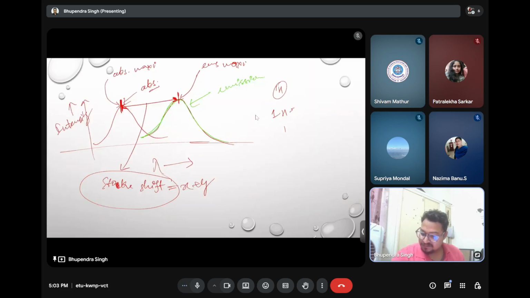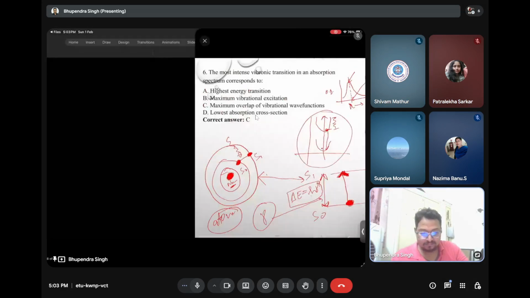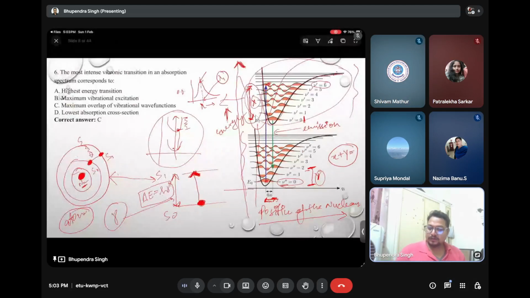Let's come back to the question. The most intense vibronic transition in absorption spectrum corresponds to... This we have discussed. The option C, maximum overlap of vibrational wave functions.